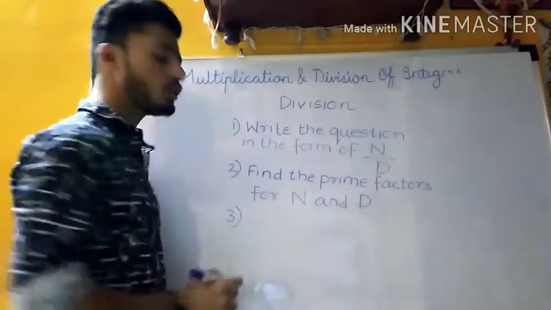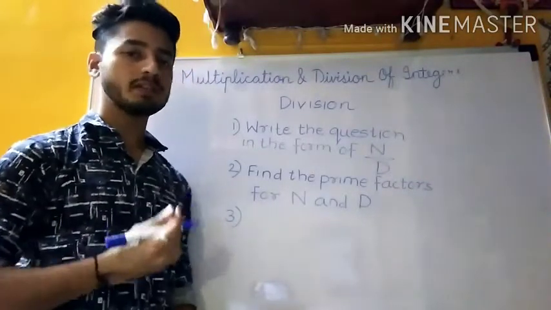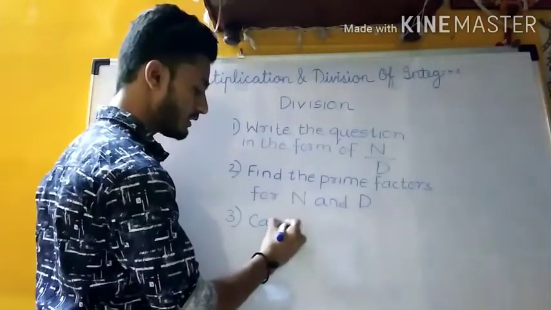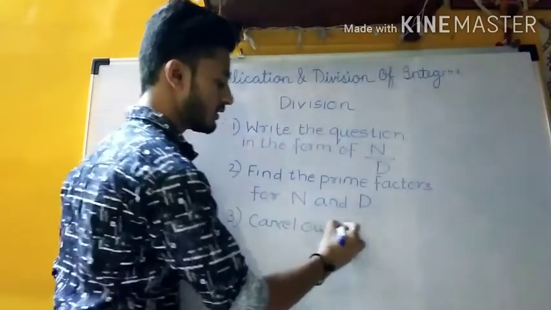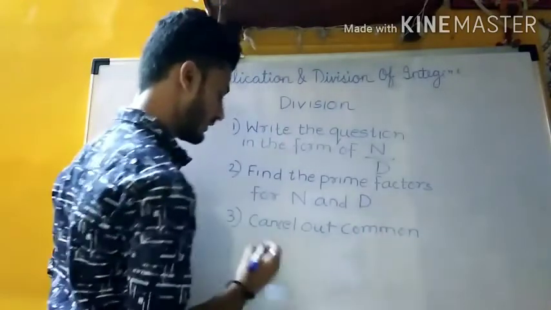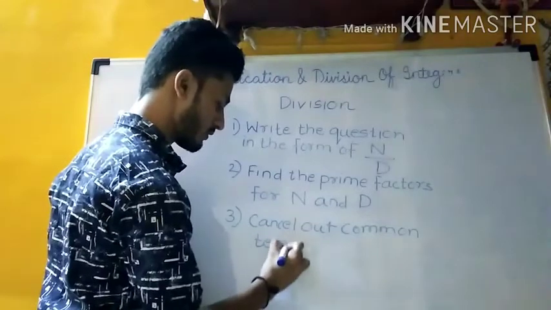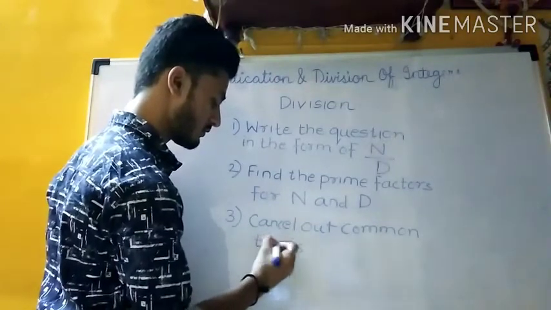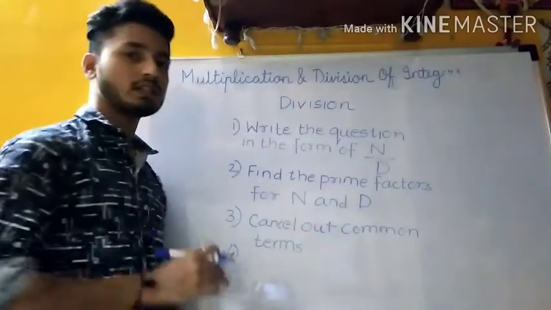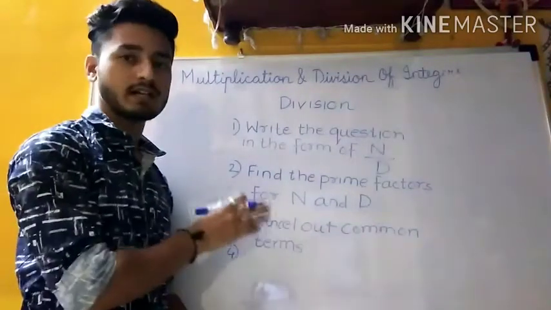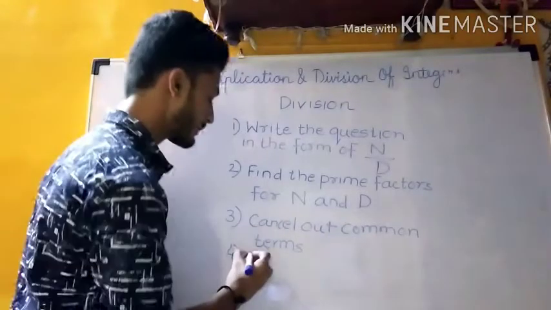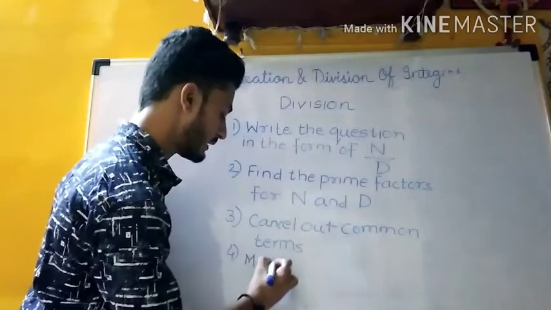Then third, you will cancel out the common terms. Cancel out common terms from numerator and denominator. And the last step is whatever numbers are remaining, you will multiply those numbers and find the final answer.